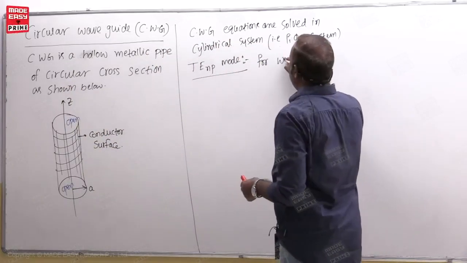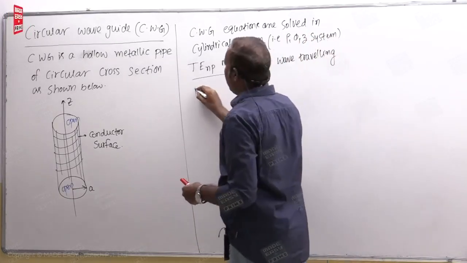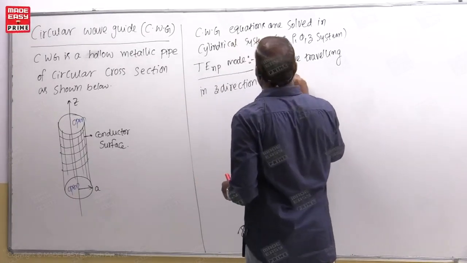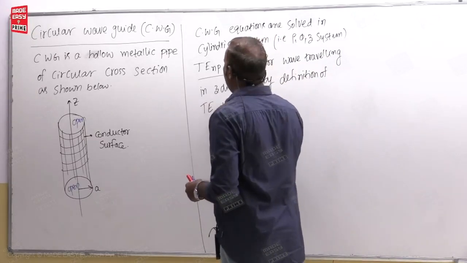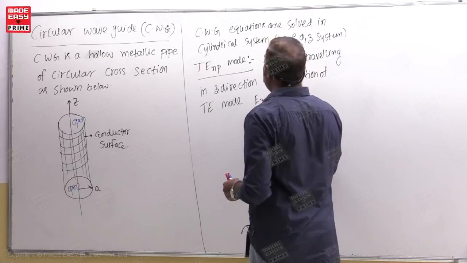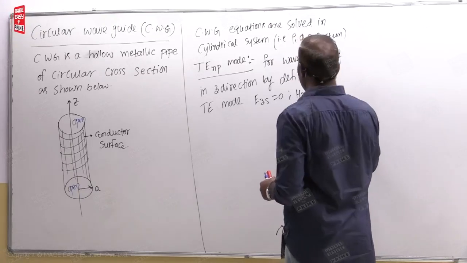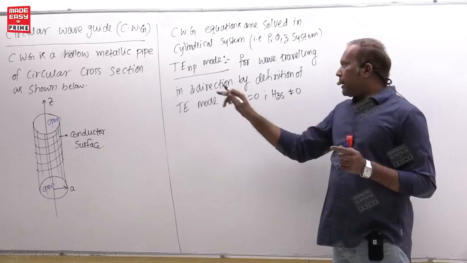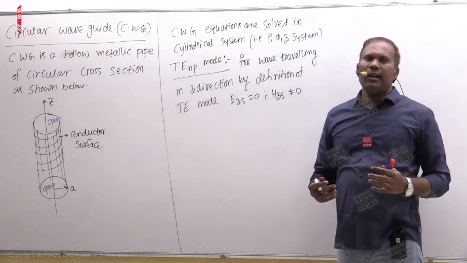So for wave traveling in the z direction, by definition of TE mode, Ez is equal to 0 and Hz is not 0. Earlier I told you, in rectangular waveguide, for TE modes, Hz is the main component that generates the other field components.